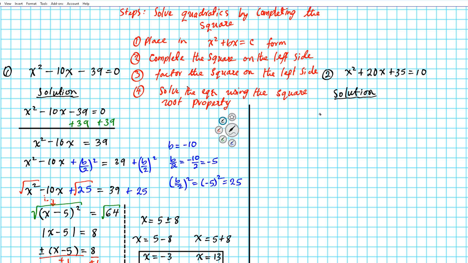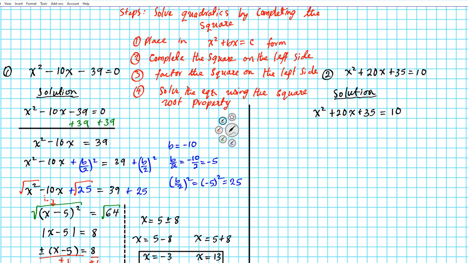Okay, the goal is to solve by completing the square. All right, so we have x squared plus 20x plus 35 equals 10.